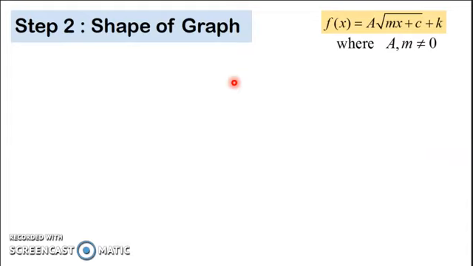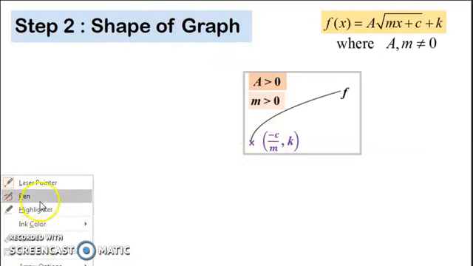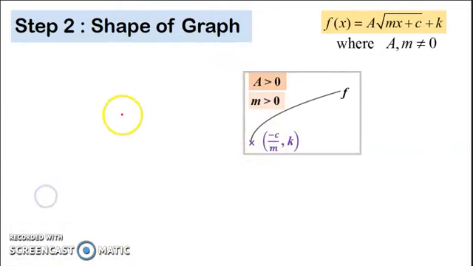If I have a function in the form a√(mx + c) + k, then in general the shape of the graph is a parabolic curve that is cut in half.